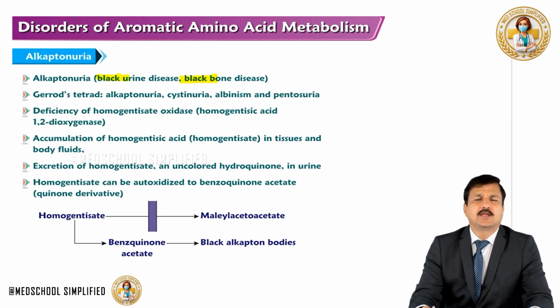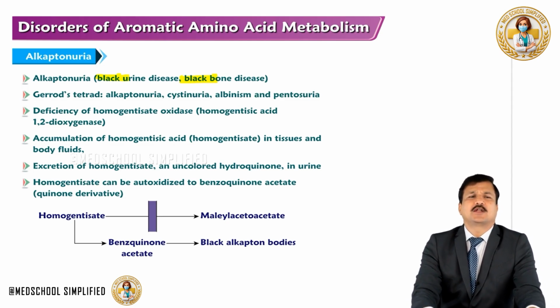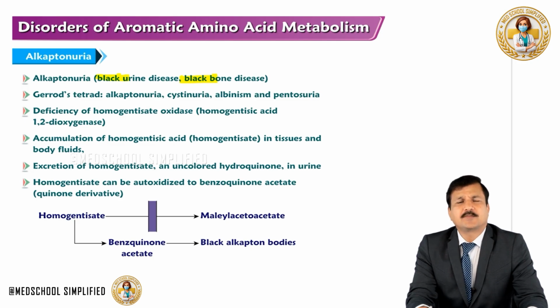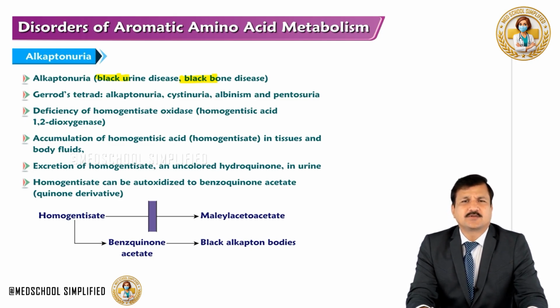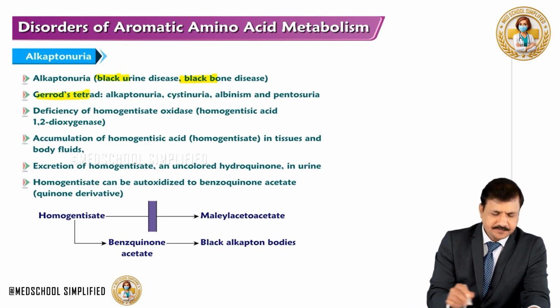Earlier, when inborn errors of metabolism were explained by a scientist called Garrod, Alkaptonuria was one of the disorders explained along with other disorders: cystinuria, albinism and pentosuria. So Alkaptonuria is part of Garrod's tetrad.